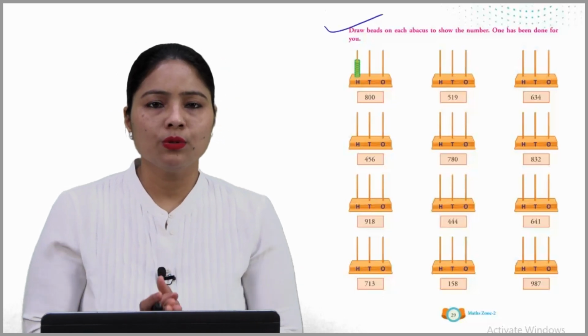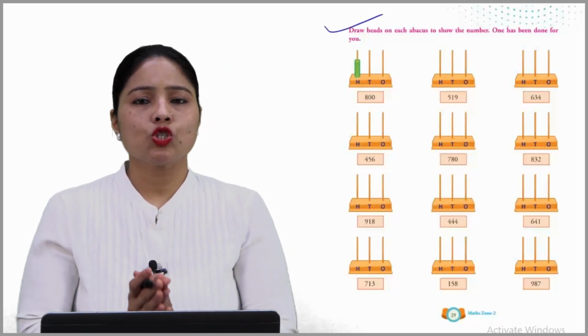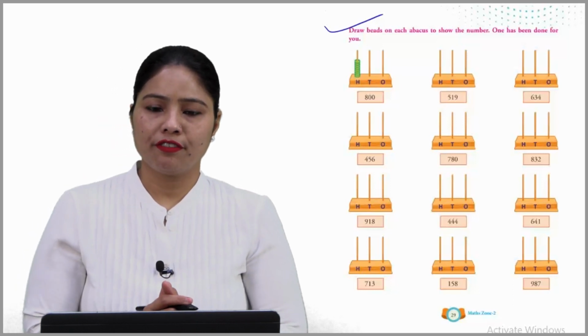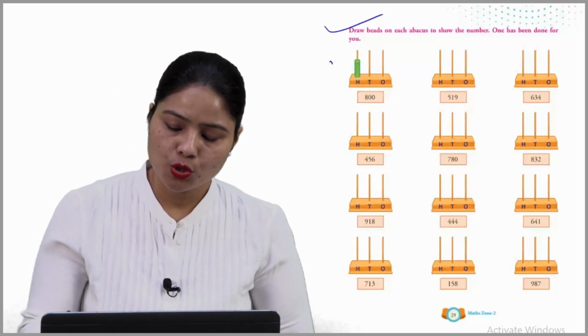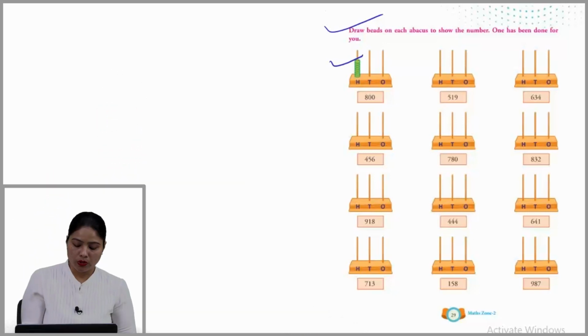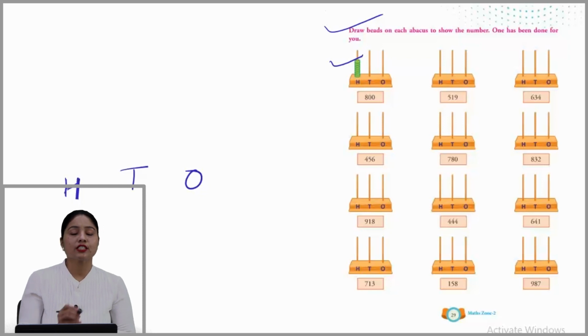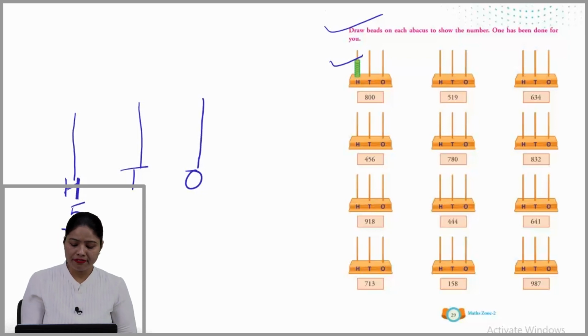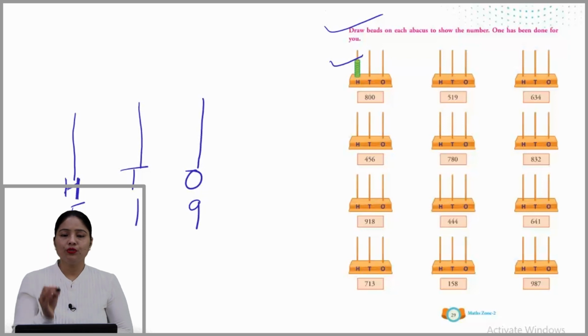Okay, so now draw beads on each abacus to show the number. One has been done for you. Okay, so this is already done, so we will start with the second one. So this is 519. So this is 1's place, this is 10's place and this is 100's place. So we just put the beads over it. So 519. So 5, 1, 9. So now you have to draw 9 beads at 1's place.